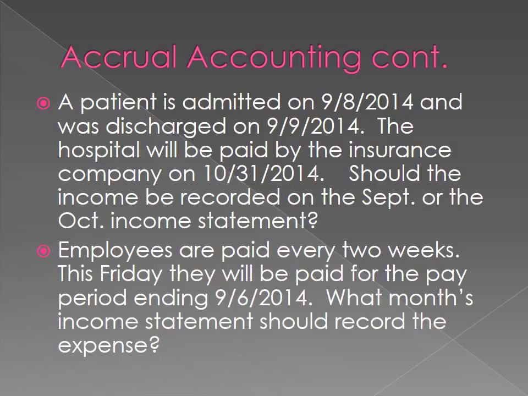And then sometime in October, they have to balance it back out. And so when they're doing the September statement, they will just count the last 6 days of that pay period for September. So it's actually divided up. So what month's income statement should record the expense? Well, it's both August and September.